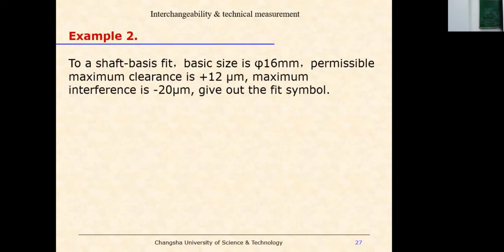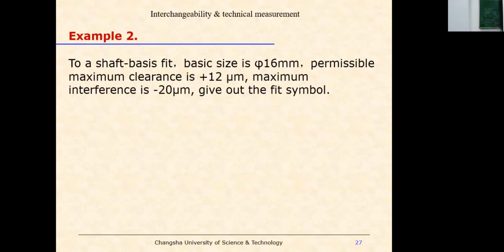Think about how to get the calculation. How to calculate the next one, this one here. How to calculate the deviation and the next one.